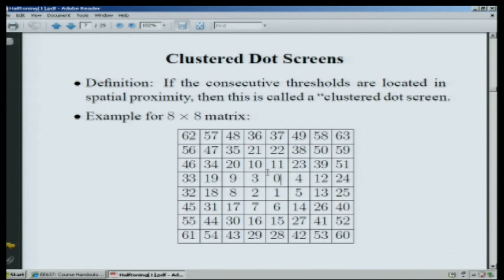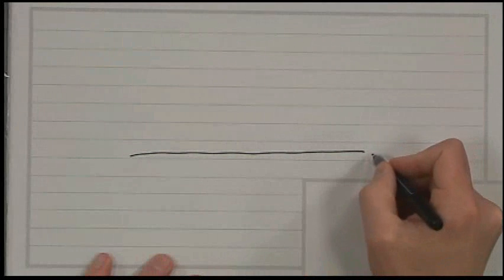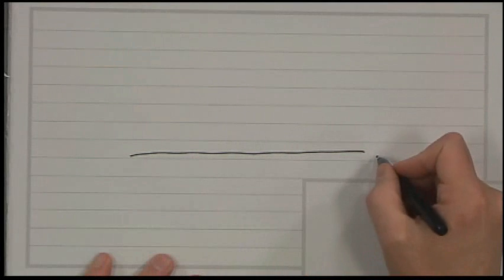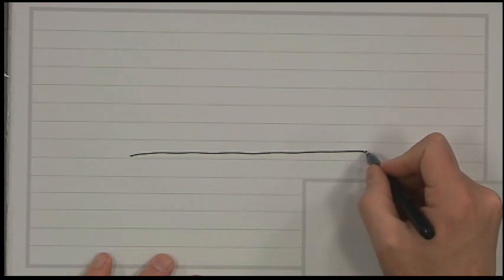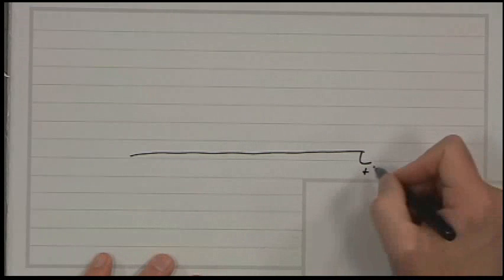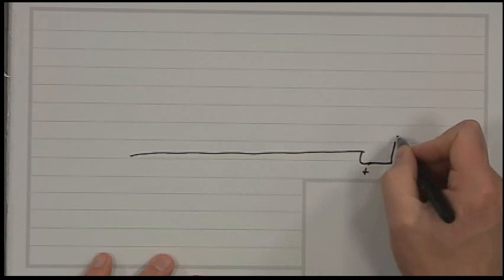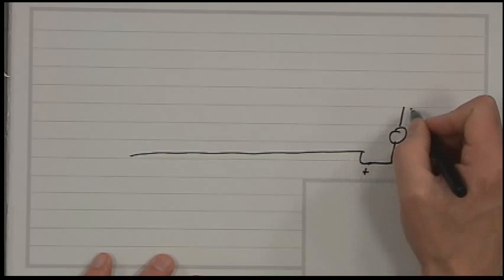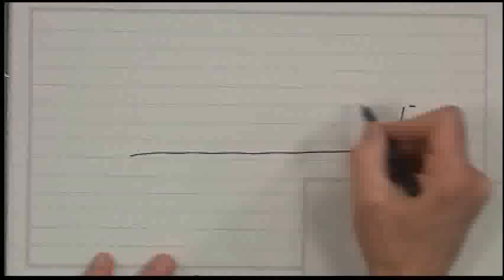So let me just draw this a little bit. You have a sheet of paper, and let's say this is plus, this is minus, and then there's toner.